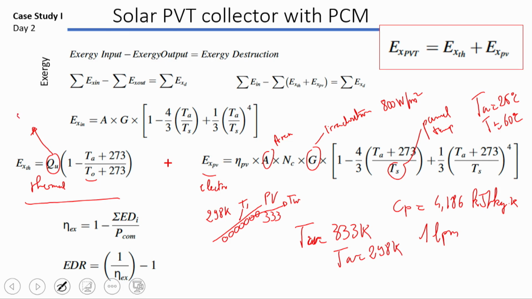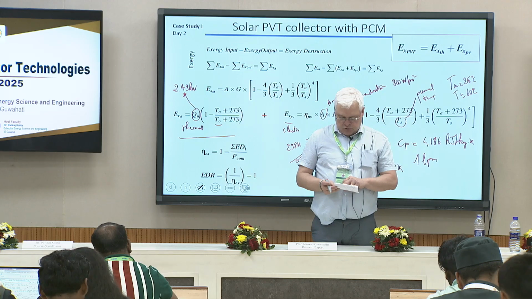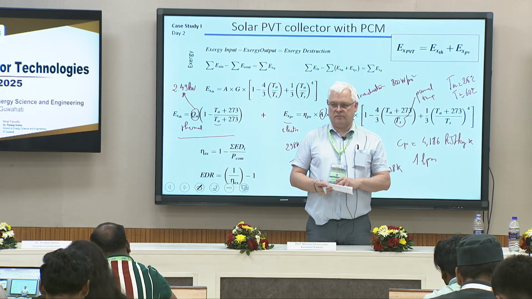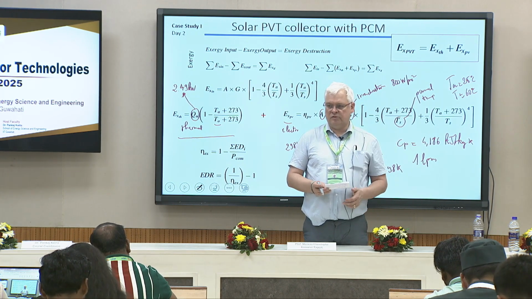Yes, 2.4. 4.5 or 4.9 you said? 4.9 kilowatt. 4.9, okay. So if you leave it like this, you should find around 0.26 kilowatt or 0.2 something.